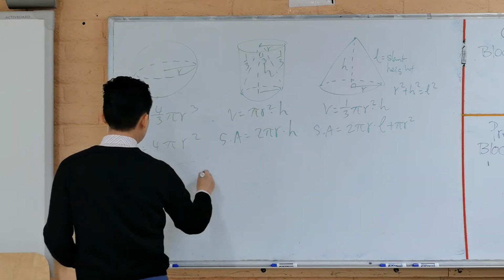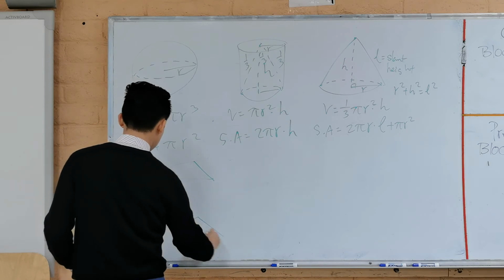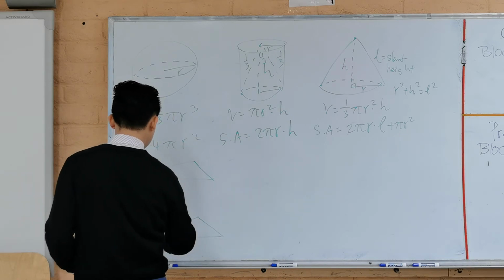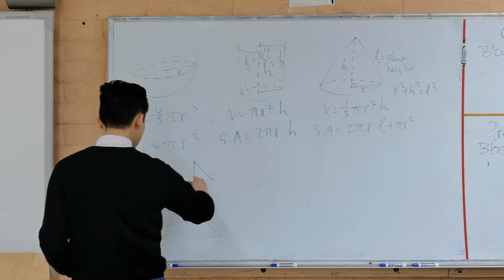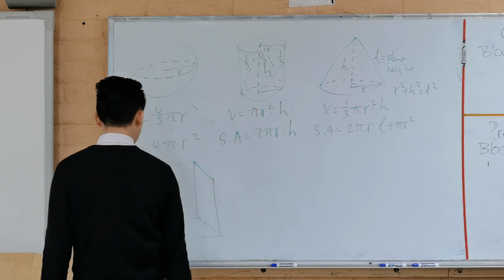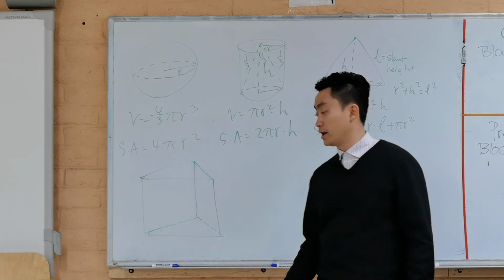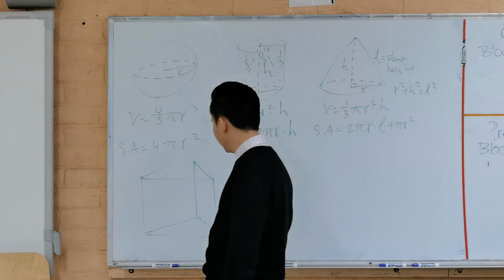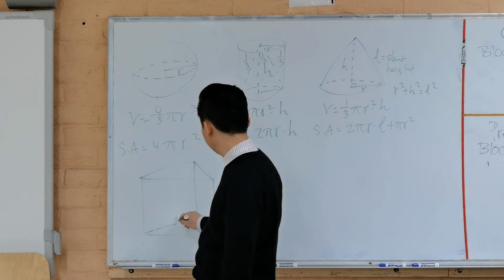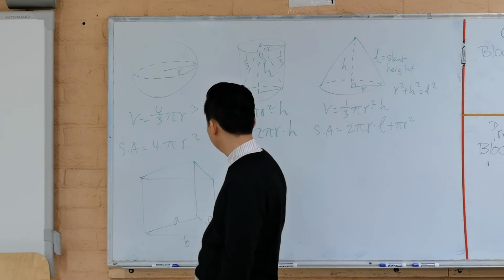Okay, so we have a triangle, top and bottom. It's kind of like a piece of cake. Well, it's not easy at all, but it's a piece of cake right here. Let's say we have sides A, B, and C, and here's the height. Okay?